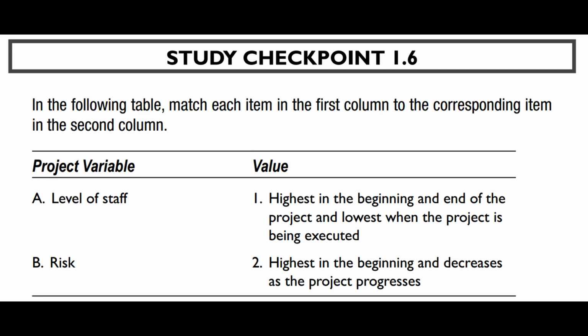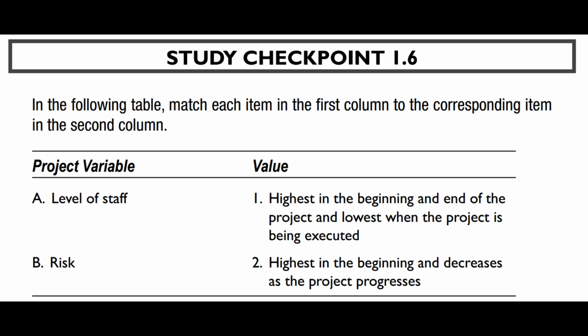Study Checkpoint 1.6. In the following table, match each item in the first column to the corresponding item in the second column, project variable value. A. Level of staff 1. Highest in the beginning and end of the project and lowest when the project is being executed. B. Risk 2.